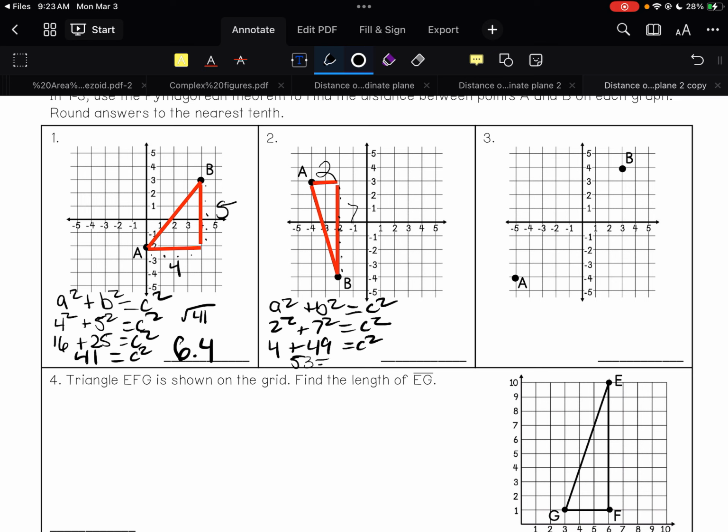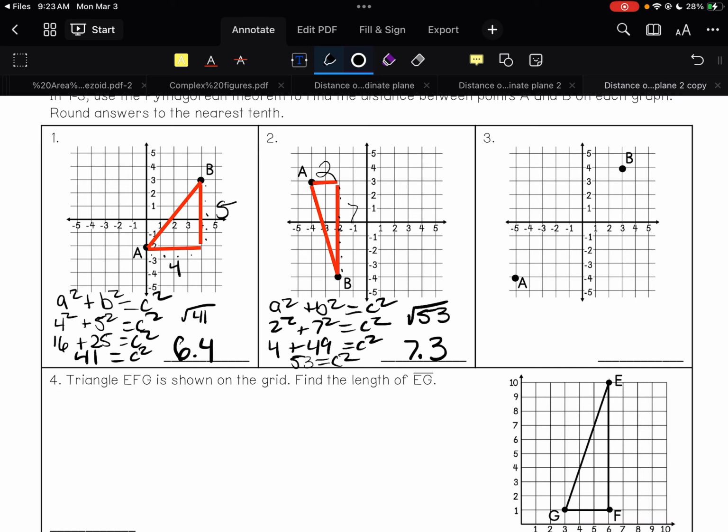So 53 is equal to c squared. So we have to do the square root of 53, which is going to be 7.28, or rounded to 7.3, because 8 is greater than 5.